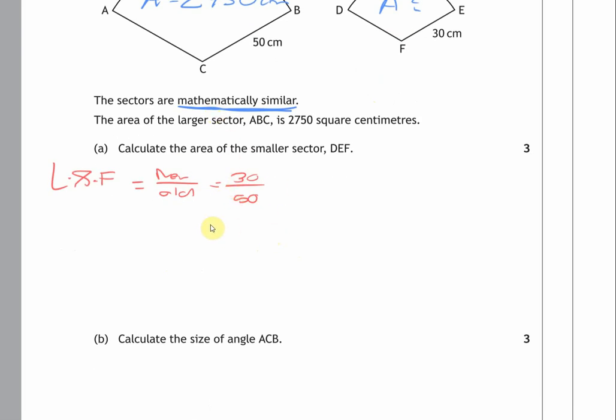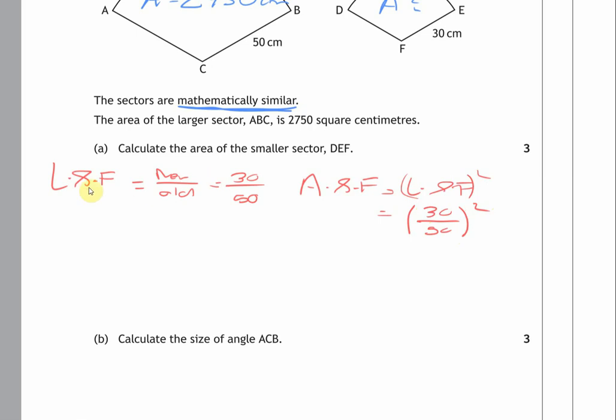Now we need to work out what the area scale factor is. And that's going to be the LSF squared, because the area is in centimetres squared. So our area scale factor needs to be the linear scale factor squared. So we have 30 divided by 50 squared.